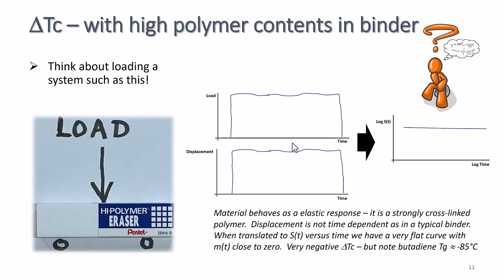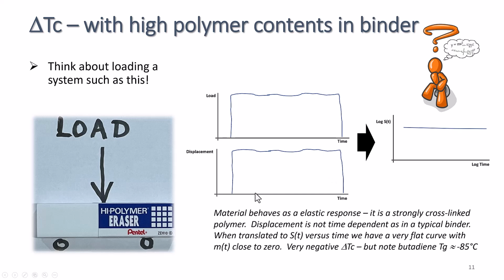And I like to think what happens when you test a piece of rubber, and this is an eraser. It's made of a thermoplastic rubber, and when you put a load on that, you'll see a load going on and load going off, typically like what you do with a bending beam rheometer. But if you load this material, it won't deform over time.